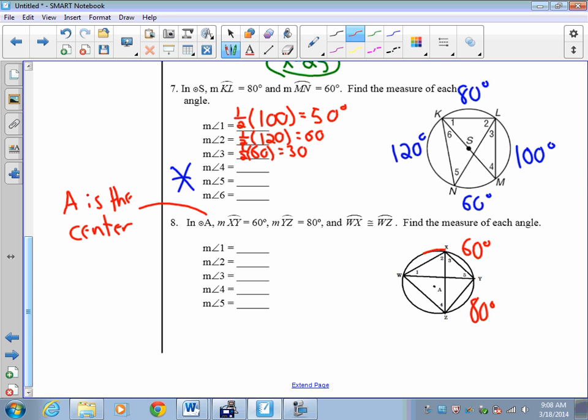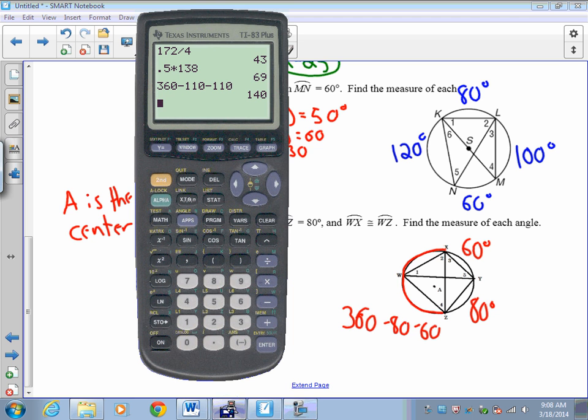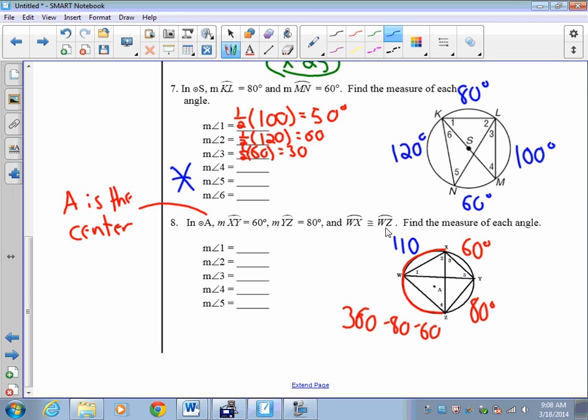So that means this arc right here needs to be 360 minus 80 minus 60. So that means this whole thing needs to be 220. Since they're congruent, that means each of them needs to be 110 degrees.